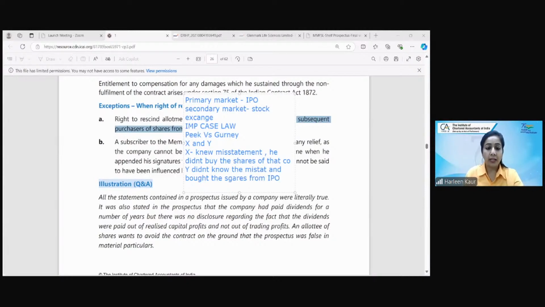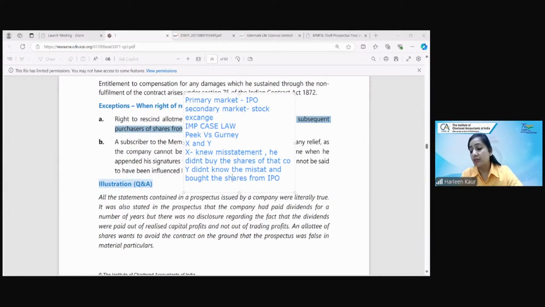So when he bought the shares from the IPO, which market has he bought from? Means he has purchased from the primary market or the secondary market? Quickly tell me.